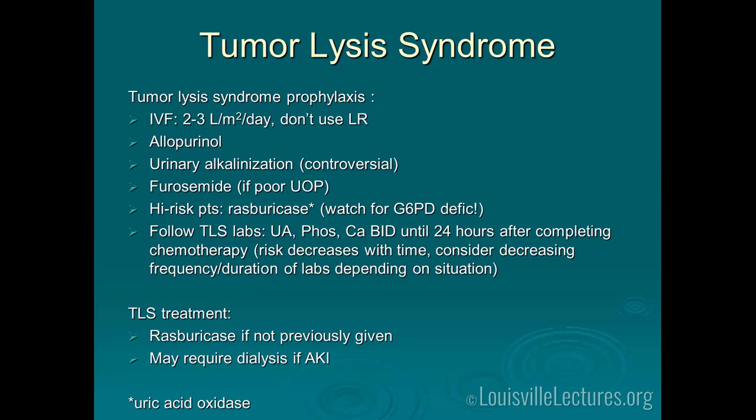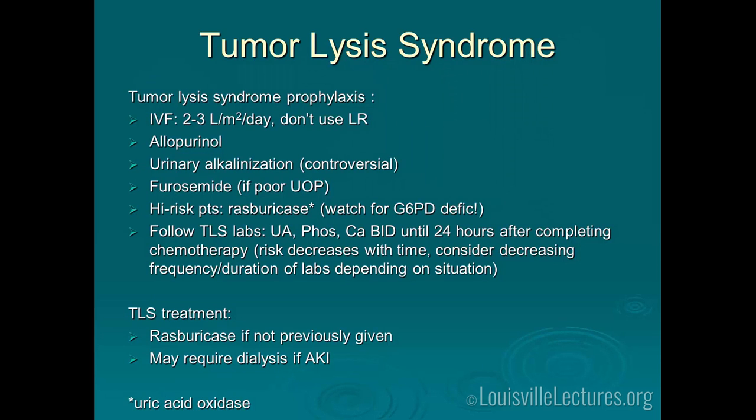It depends on their overall health and other factors. Don't use Ringer's lactate because that has potassium in it, and you don't want to throw extra potassium into a situation where you're releasing potassium into the blood potentially. Allopurinol is used. It's very standard.